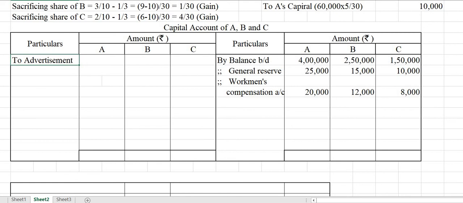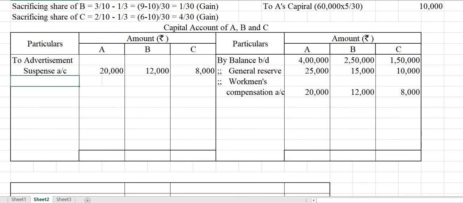In the same way, any deferred revenue expenditure, even prepaid expenses or such types, also will be shown here. For A, advertisement suspense account, for A 20,000, B 12,000, and C 8,000, total 40,000.